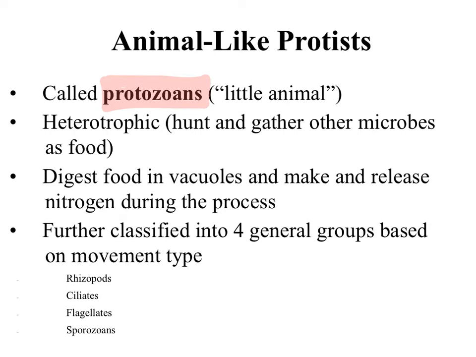Now, animal-like protists are unique from some of the other protists because they're heterotrophic. They are usually consuming other microbes. What this means is that they are going to be using their vacuoles to digest food. We're going to be looking at 4 types of animal-like protists down here.